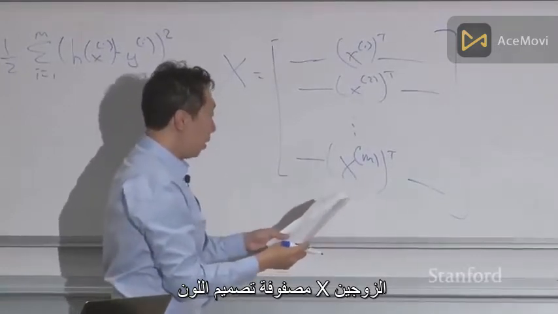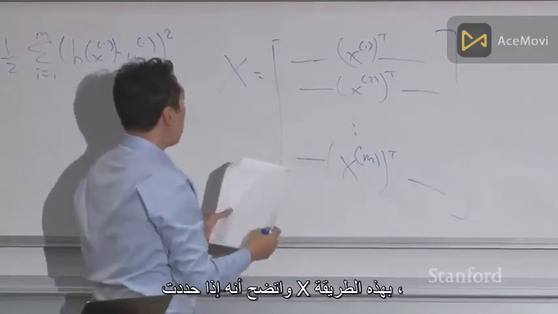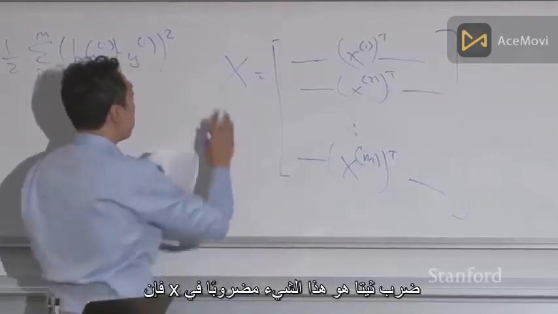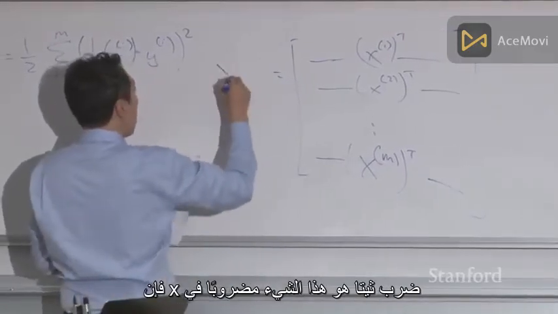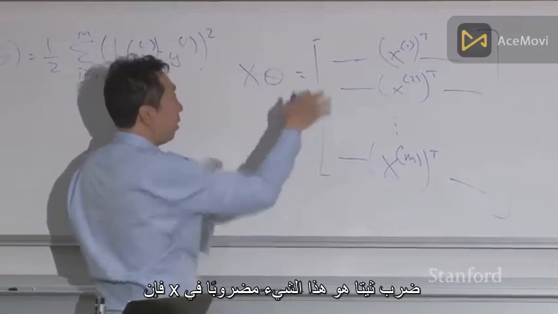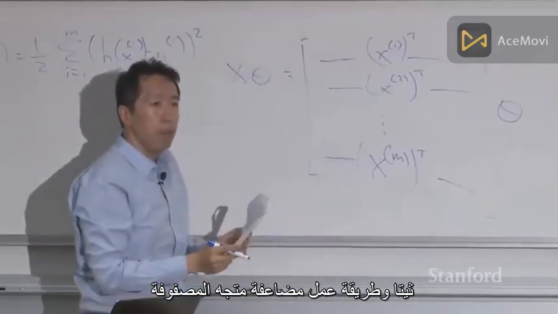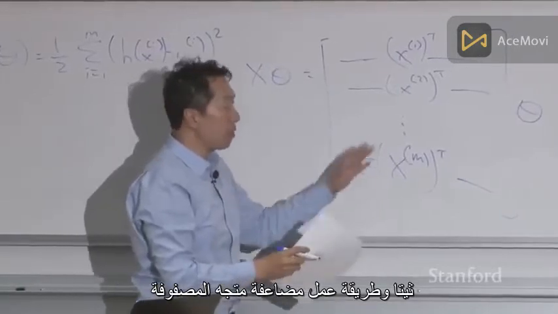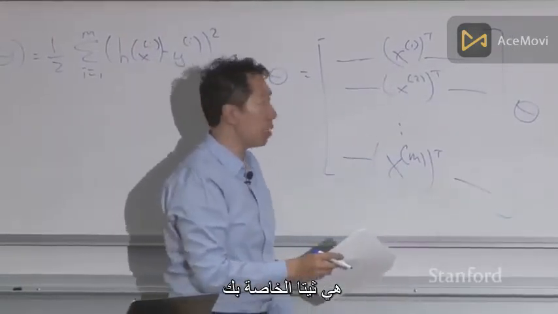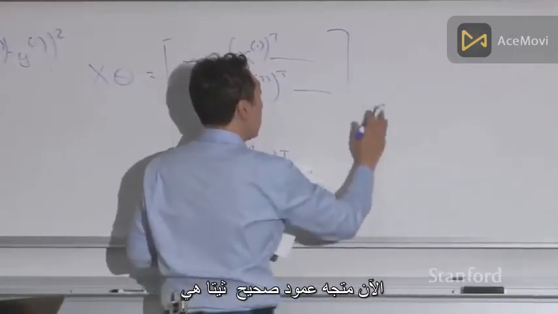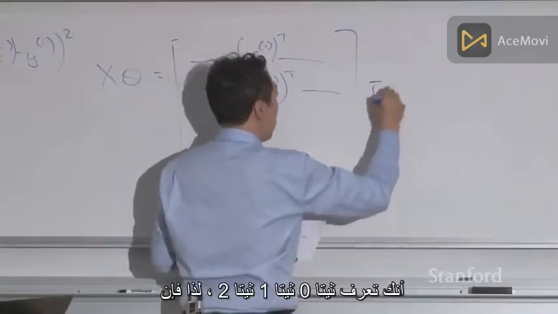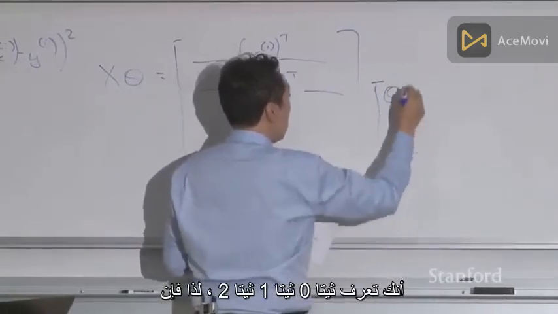And it turns out that if you define X this way, then X times theta is this thing times theta. The way matrix vector multiplication works is, theta is now a column vector: theta 0, theta 1, theta 2.